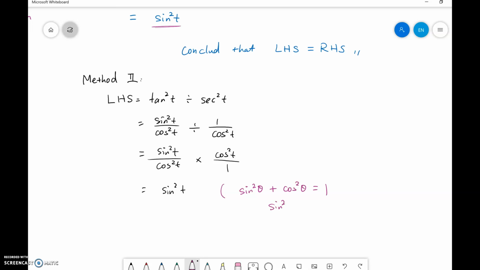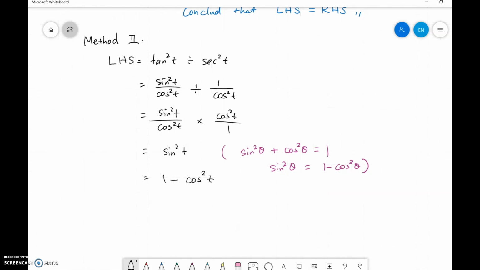So sine squared theta will equal 1 minus cosine squared theta. So sine squared t will equal 1 minus cosine squared t, and 1 minus cosine squared t, I'm going to factor into 1 minus cosine t times 1 plus cosine of t, which equals the right hand side.